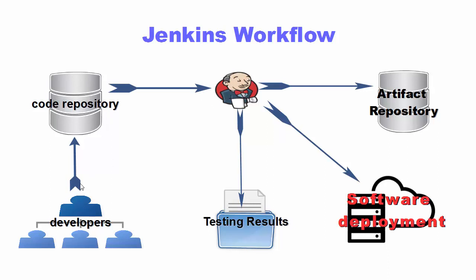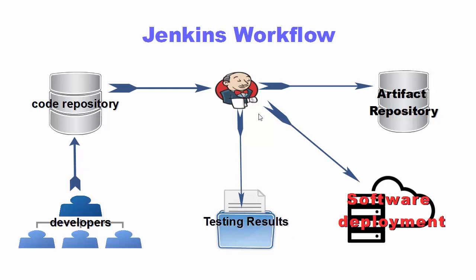Whenever a developer commits code, it is automatically detected by Jenkins, and what Jenkins will do is run some tests, whatever tests you have created to run on Jenkins. For example, the unit test, integration test, system test or any other kind of test, and it will just run those tests and give you the test results.